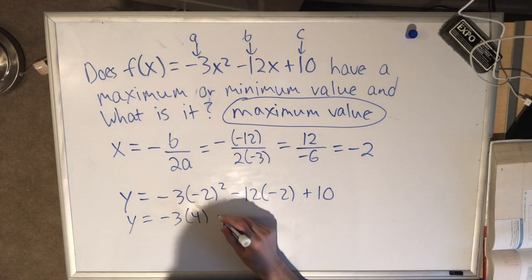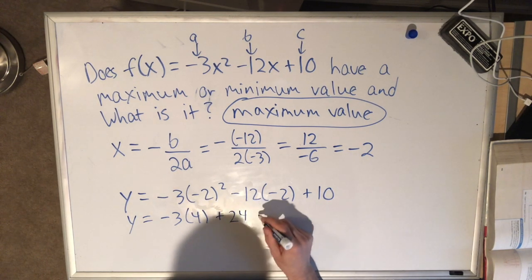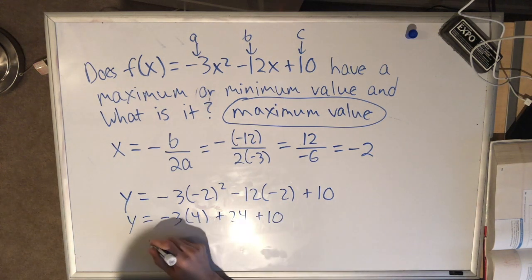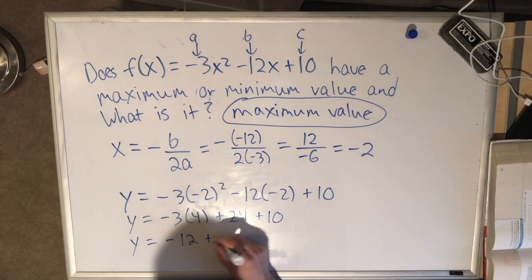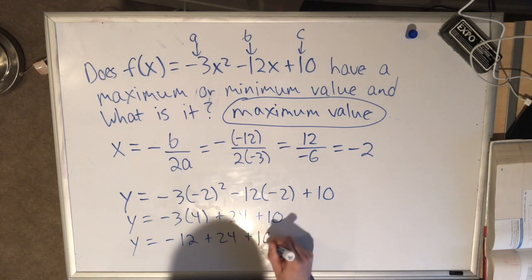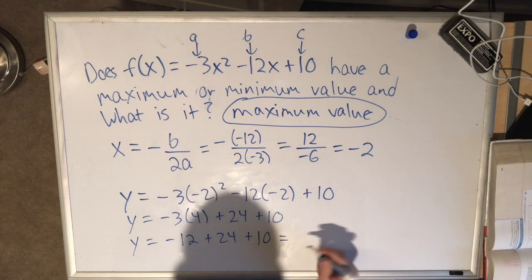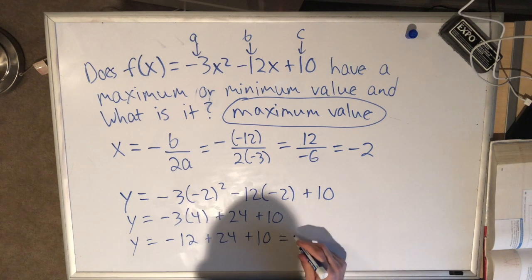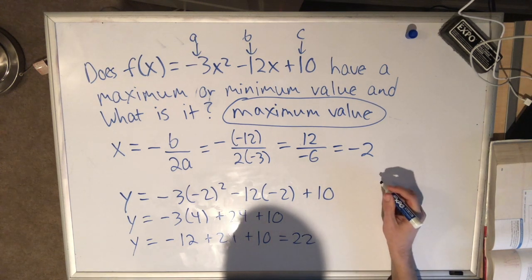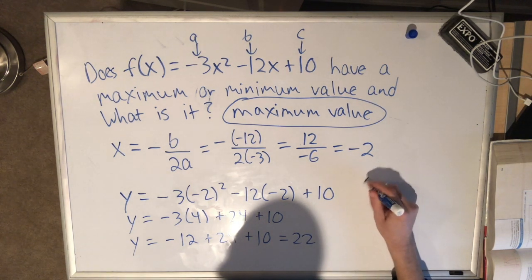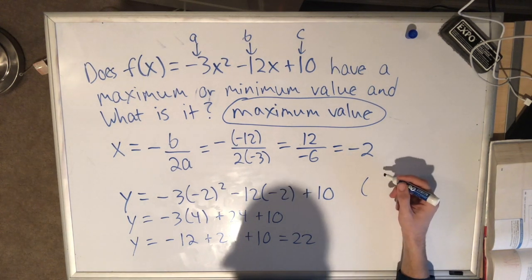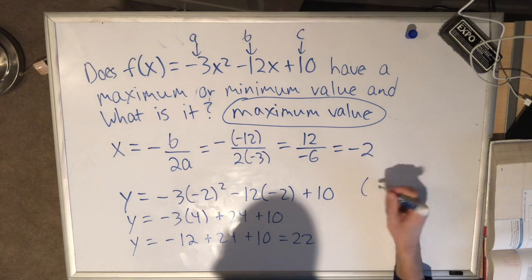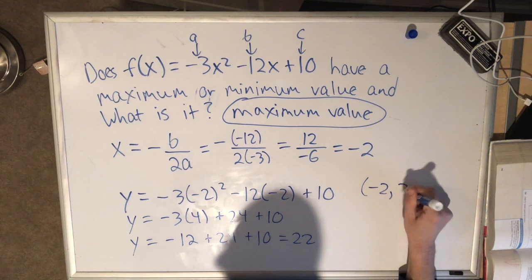Negative 12 times negative 2 is positive 24. Negative 3 times 4 is negative 12. Negative 12 plus 24 is 12. 12 plus 10 is 22. So our vertex, the maximum value, the highest point on the parabola, is negative 2, 22.